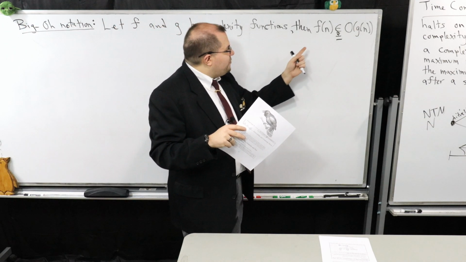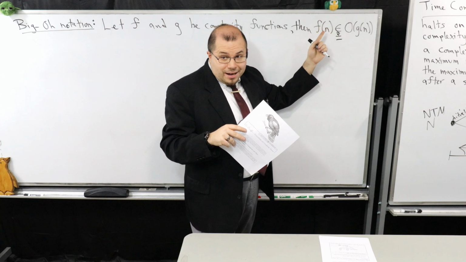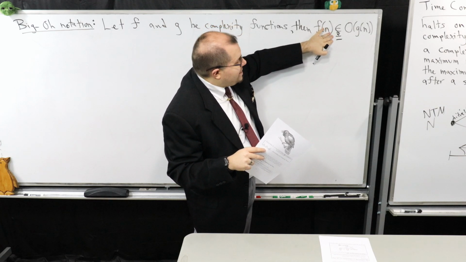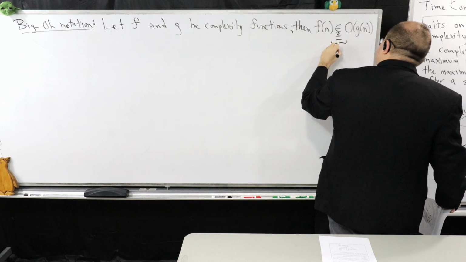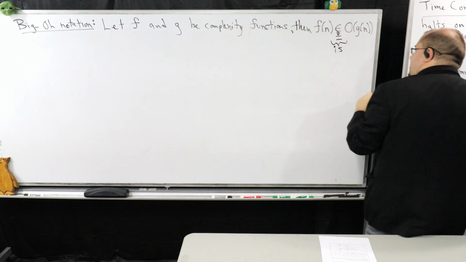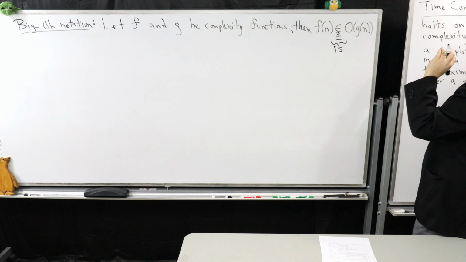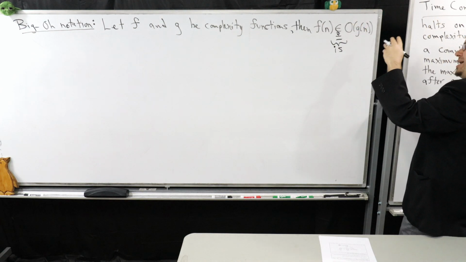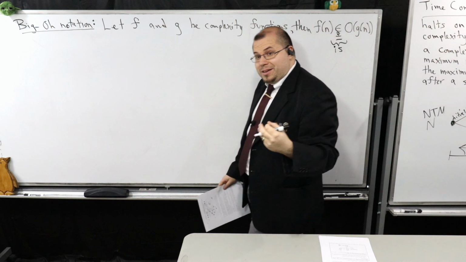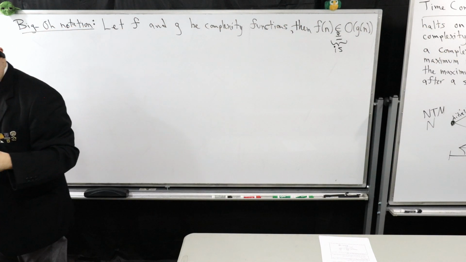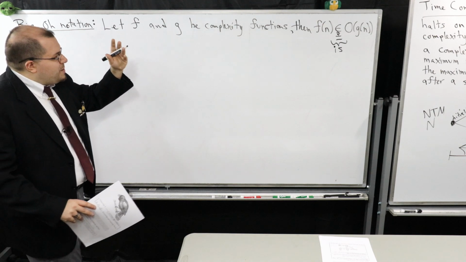So sometimes you'll find me using a set theoretic in. Other times you'll see me use an equal sign. In either case, you should read this as me saying is or is in, okay? So it's okay if you use the set theoretic in, it's okay if you use the equal sign. Either one has its own purposes I'm going to mention in a moment. So f is big O of g.